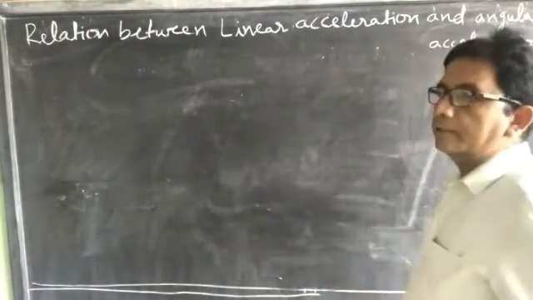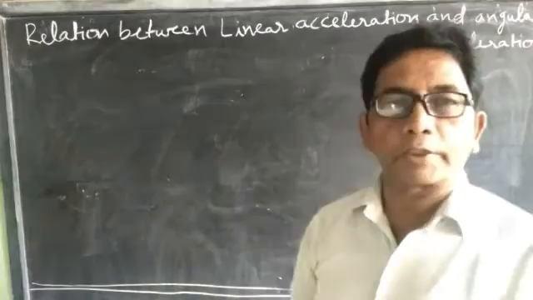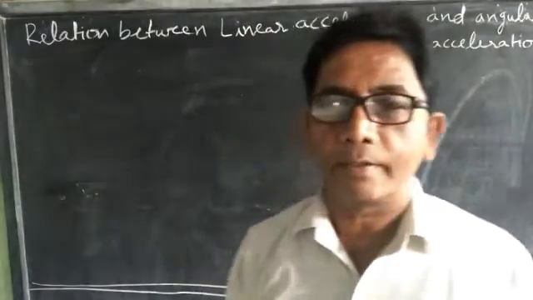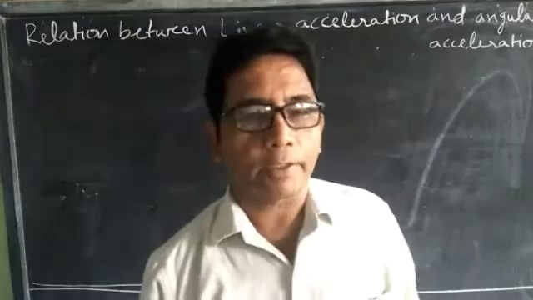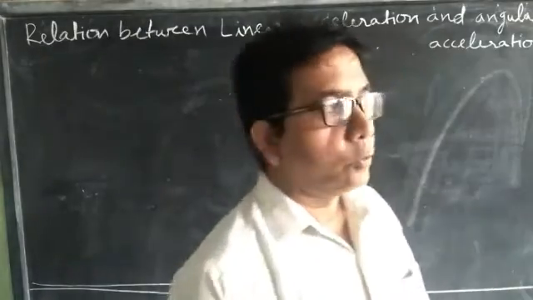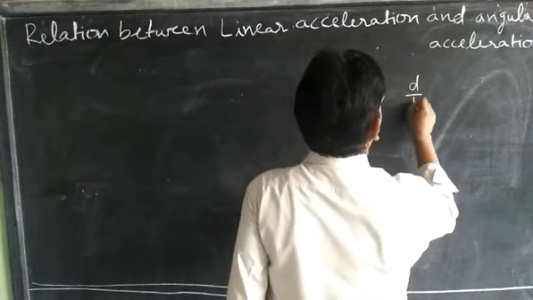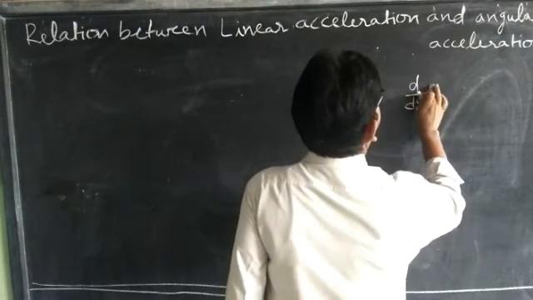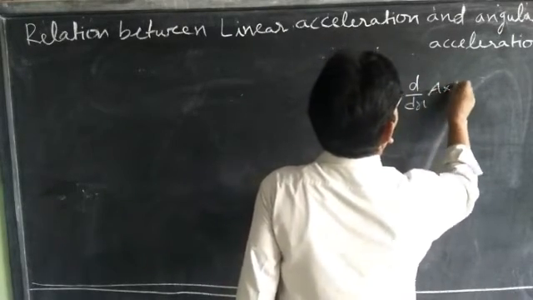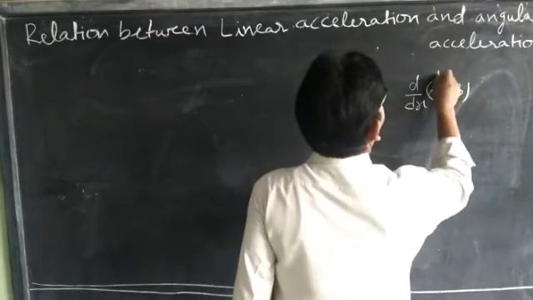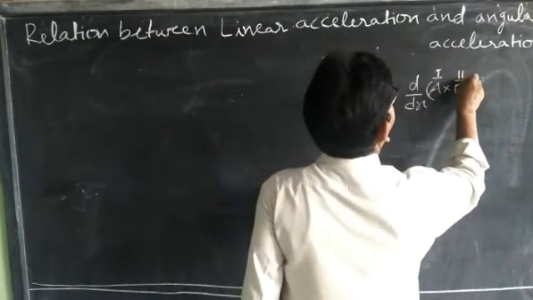First, we know from the chapter of differentiation, the product of two functions. How will you find the derivative of a product of two functions? Suppose d upon dx of a into b. This is my first function, this is my second function.